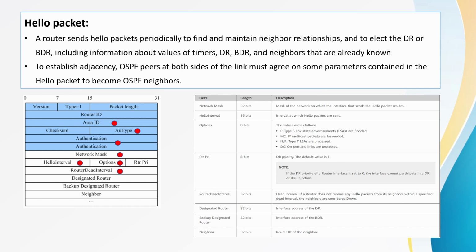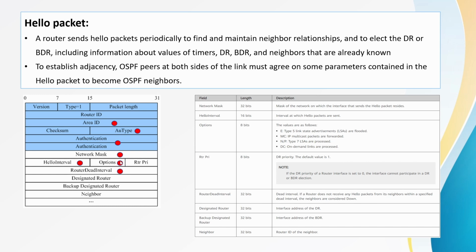What the dead interval does is, if the router does not receive any OSPF packet within the dead interval, it will consider the neighbor down and tear down the adjacency relationship. So the hello interval and dead interval for the two routers at both ends of the link must be the same in order to form adjacency. There is also a field called options.